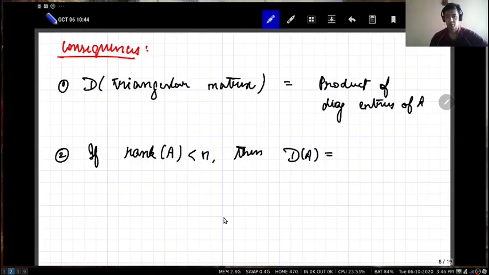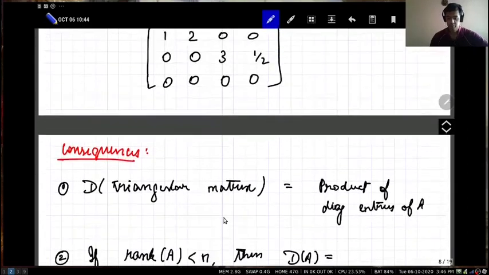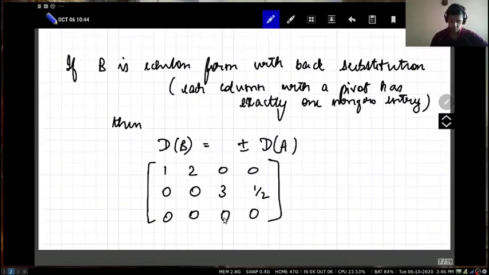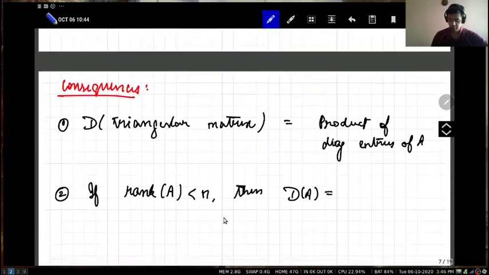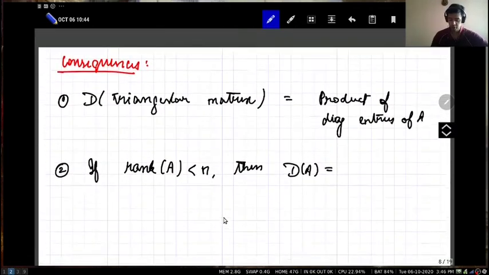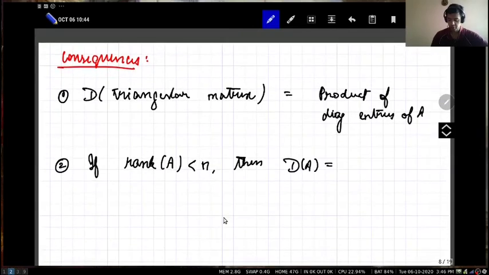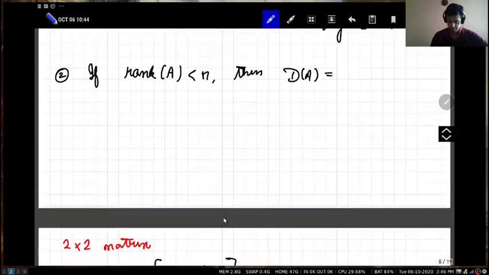And why is that the case? The reason is because if you have a triangular matrix, then the echelon form with back substitution is going to give you a diagonal matrix, and we know that the determinant or D of a diagonal matrix is equal to the product of the diagonal entries, right? So that is D for a triangular matrix.